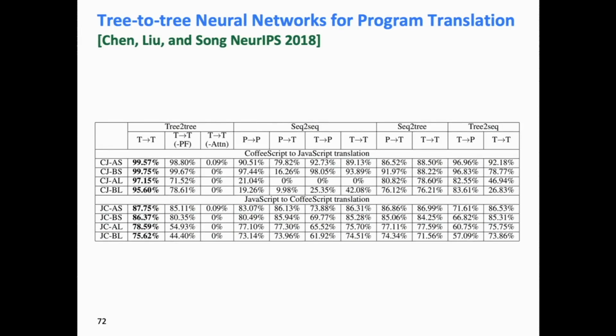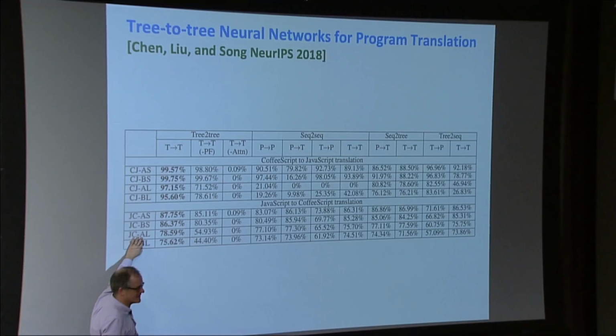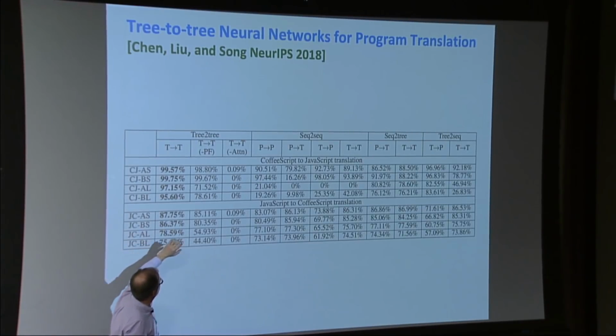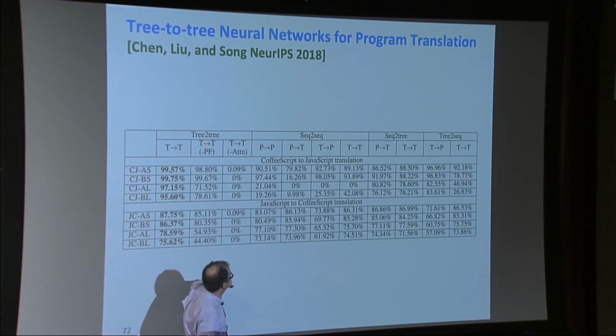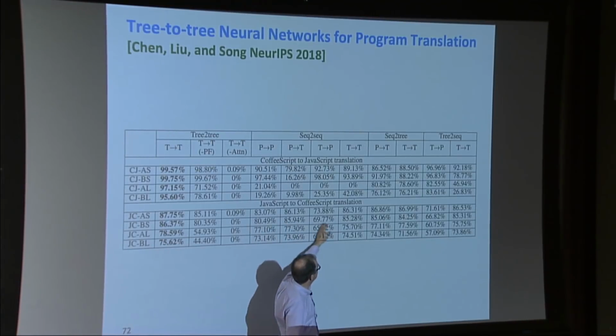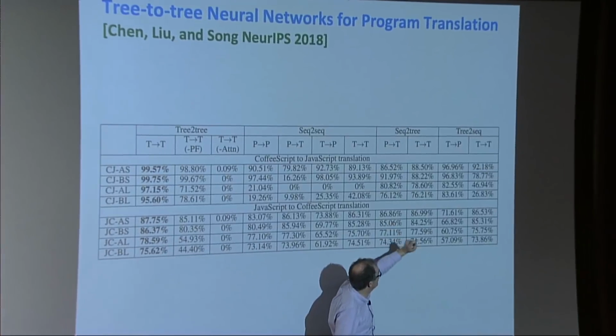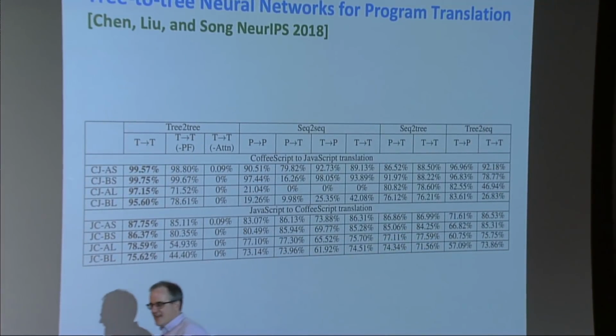I was too lazy to retype this table, so this is probably a bit hard to read. But what's contrasting is, for a number of programs, this is a CoffeeScript to JavaScript translation. They're comparing using tree-to-tree models and then sequence-to-sequence models, and then they try both other combinations, sequence-to-tree and tree-to-sequence.